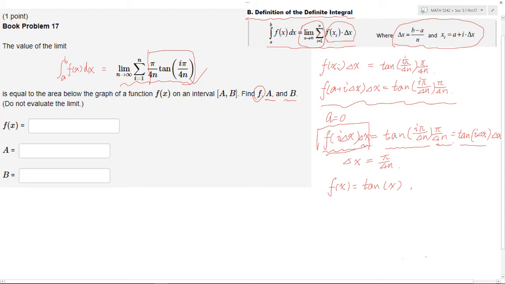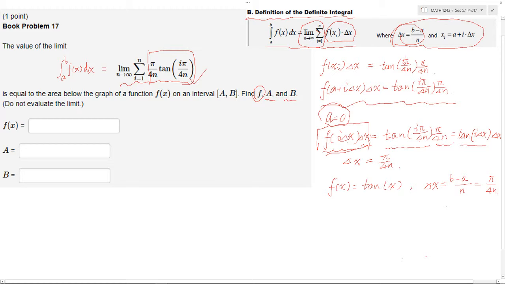So now let's plug this into the formula, I mean the definition. Delta x equals b minus a over n equals pi over 4n. Do you remember we have a guess, which is a equals 0.